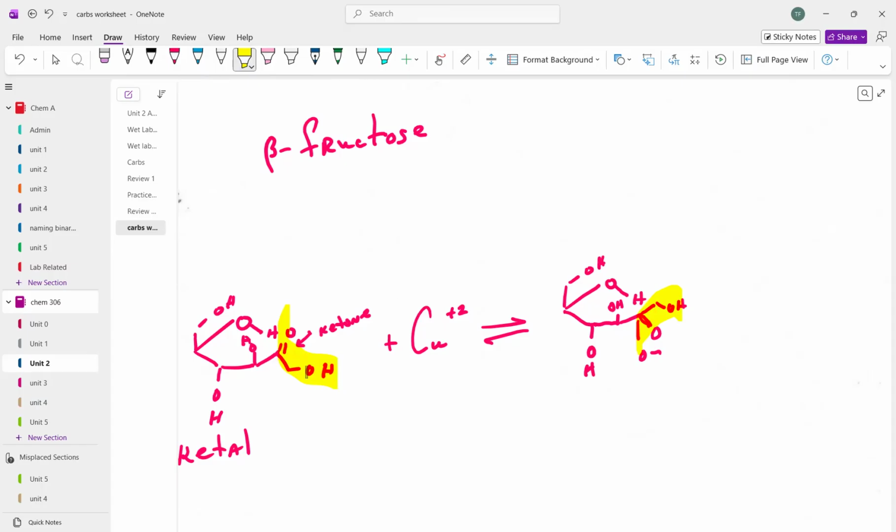This is a switch up for fructose, how it converts to an aldehyde, right? At that step there.